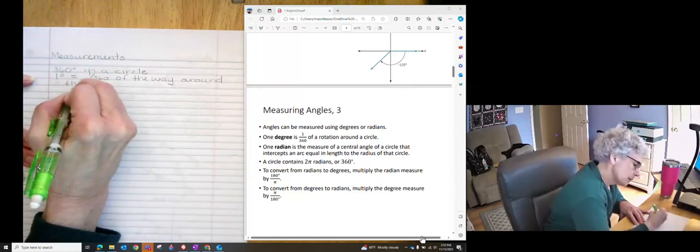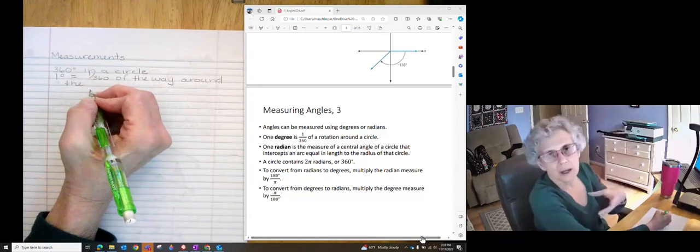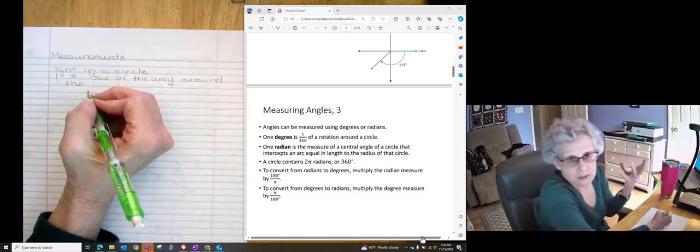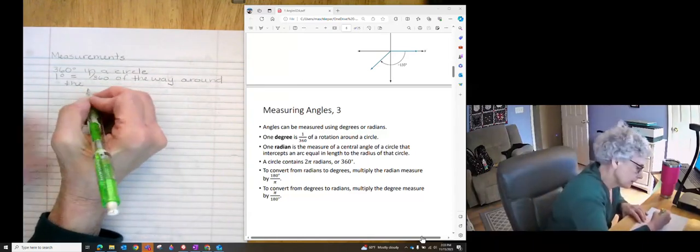That's pretty easy to remember. You always think about making a 360-degree turn as turning all the way around.